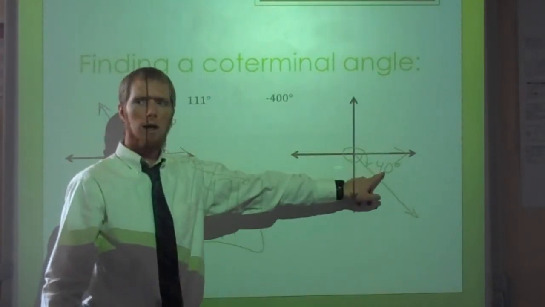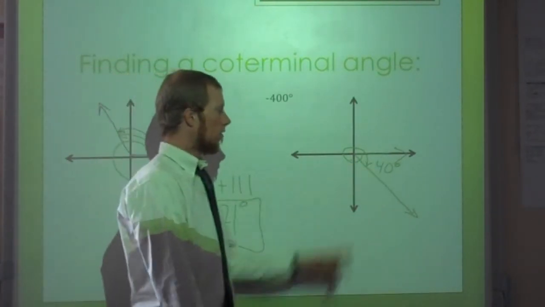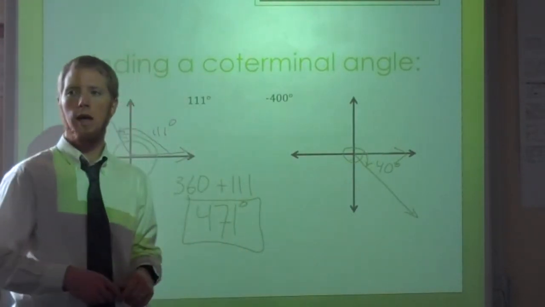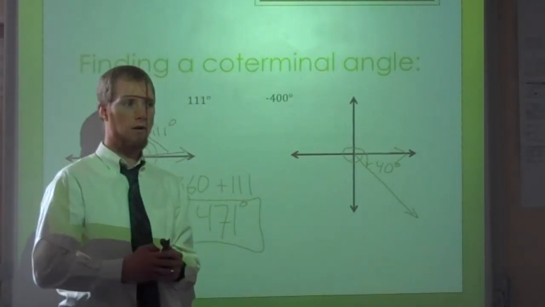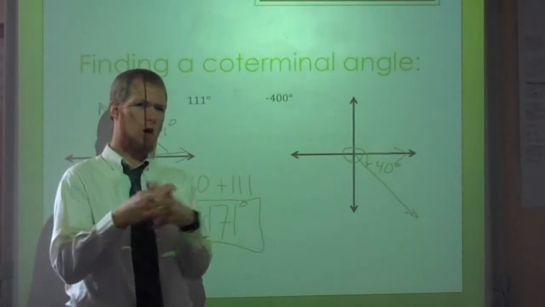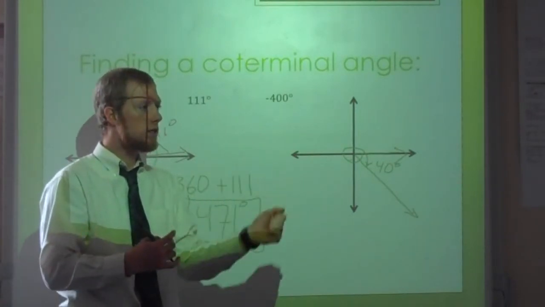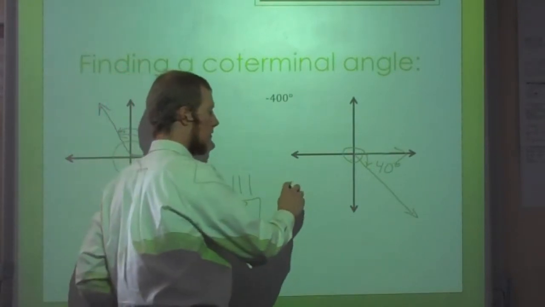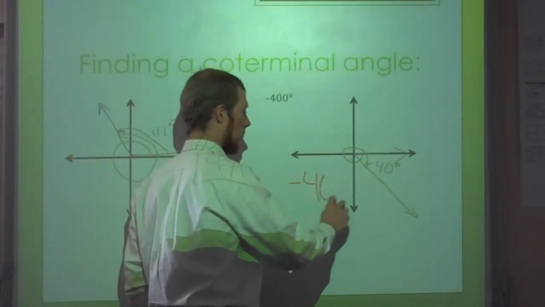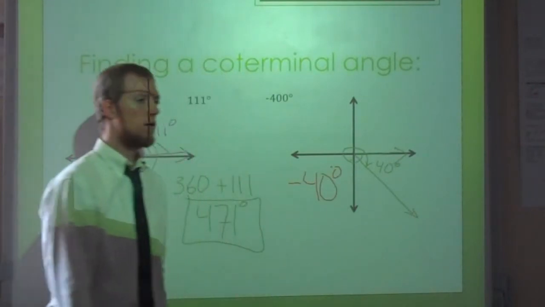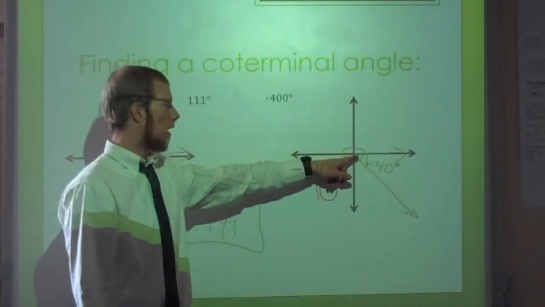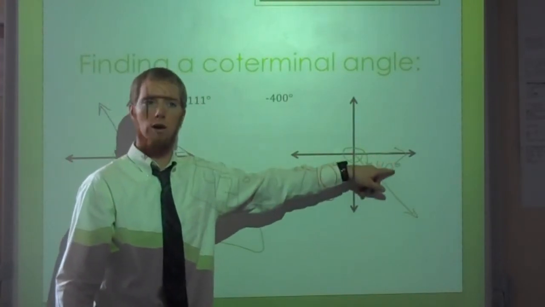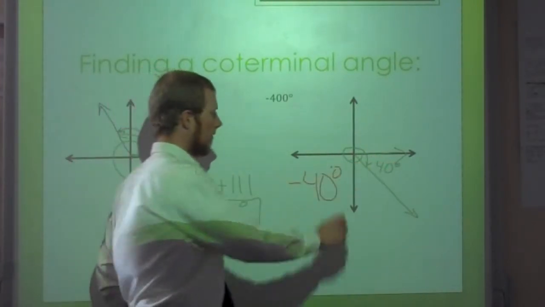So, now that I know I had to go 40 degrees past 360, if I asked you for a coterminal angle between 0 and 360, you could say negative 40. All I have to do is take out that first rotation, and it's whatever ends up here.